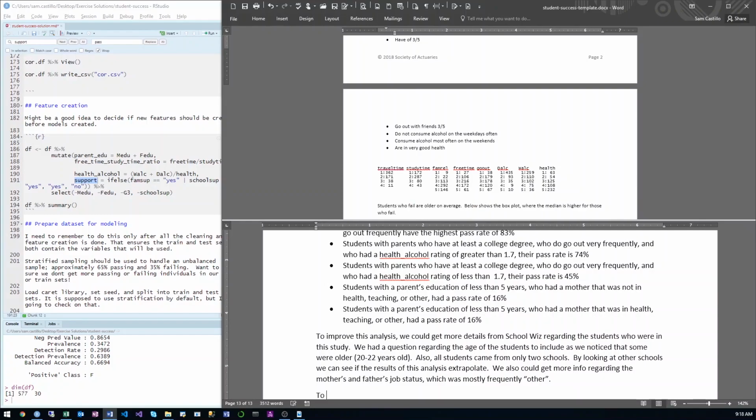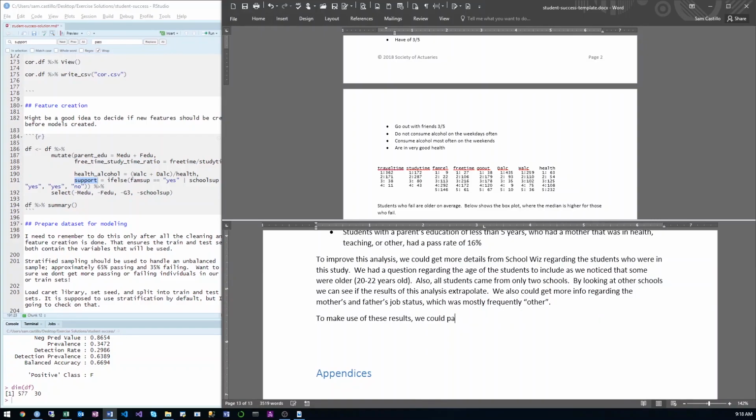To make use of these results, we could pass this information on to teachers and let them use it to help those students who are likely to fail and create programs to assist.